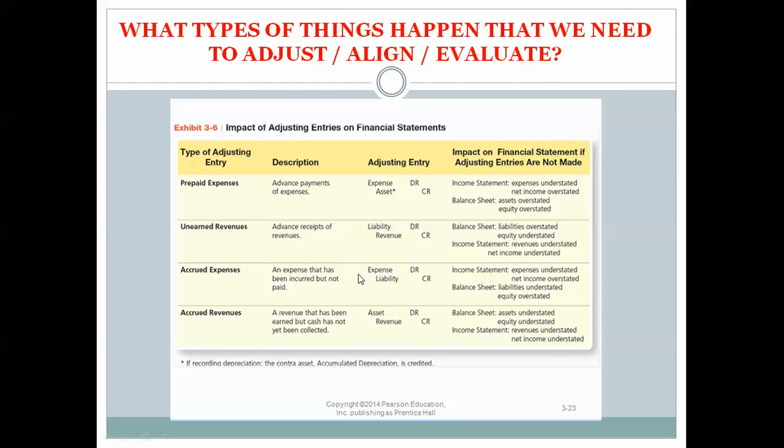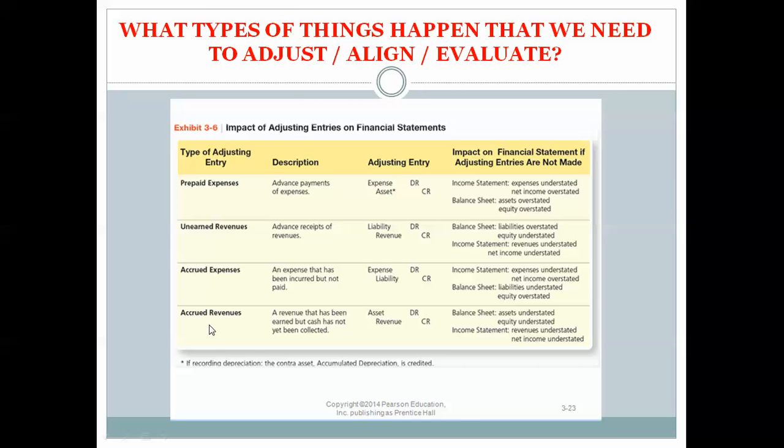And so we are going to put her salaries expense for this period as an expense so it can be correctly matched against any revenues we earned. And we're going to record the fact that we owe her money, salaries payable. Income statement, balance sheet, one of each.